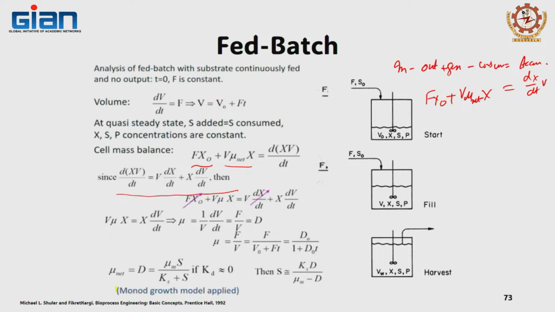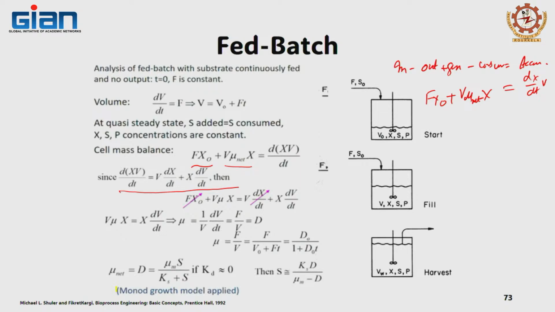Since dXV/dt can be written out, because the volume is not constant in this case. In the case of the batch reactor, the volume was constant. In the case of fed batch, the volume is changing as you add your substrate.